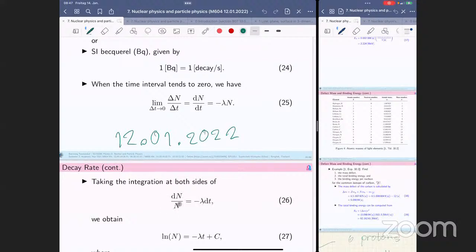Now you have the same variable appearing on the same side, on the left hand side. Okay, and now it's ready to solve this equation.